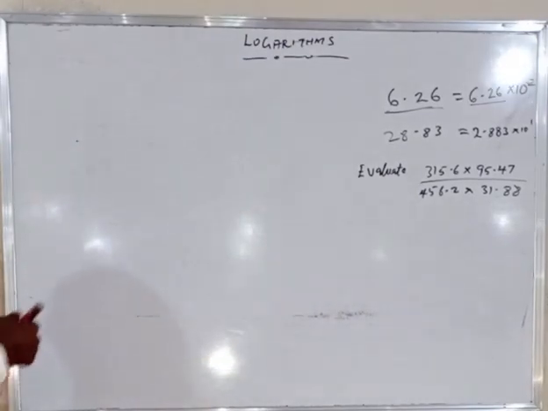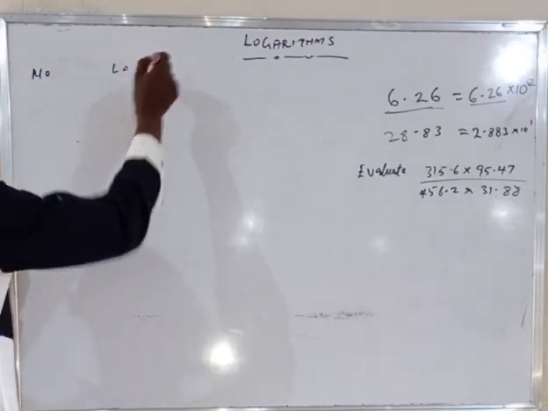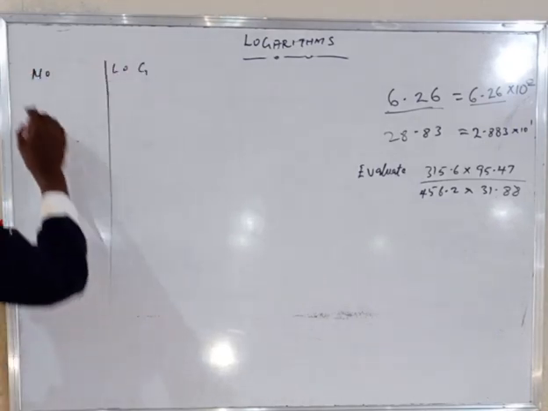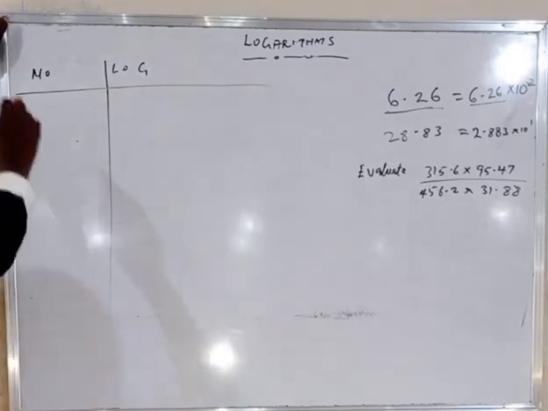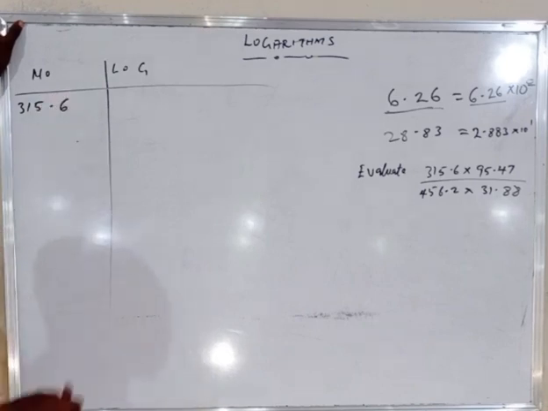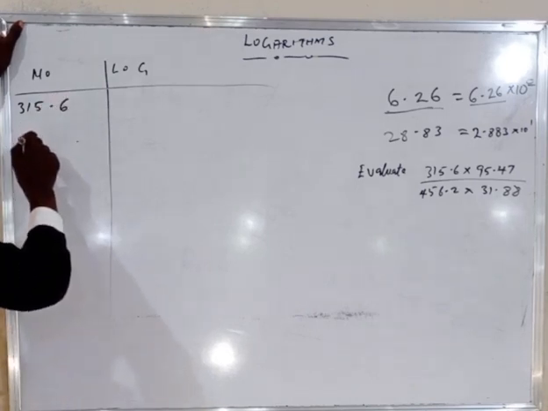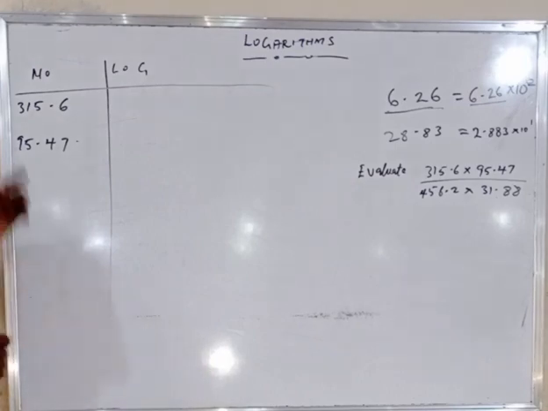Okay, so we say number, log. All right, what's the first number we have? 315.6. Followed by what? 95.47. So when we are done with the numerator, we shift our mind to what we have at the denominator level. Now, what is the characteristic for the first number?